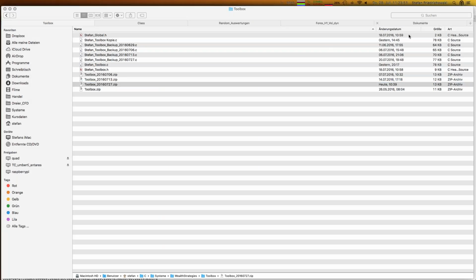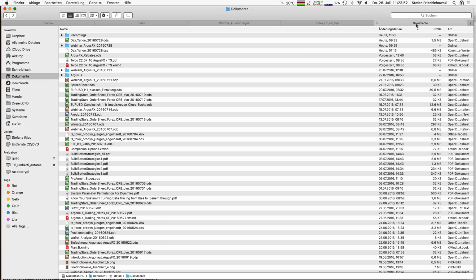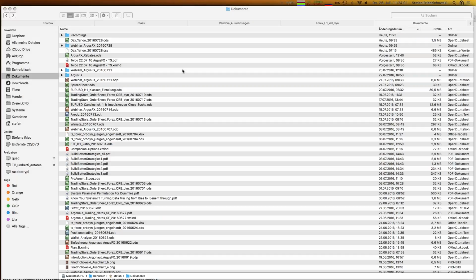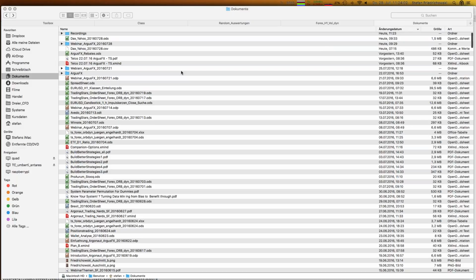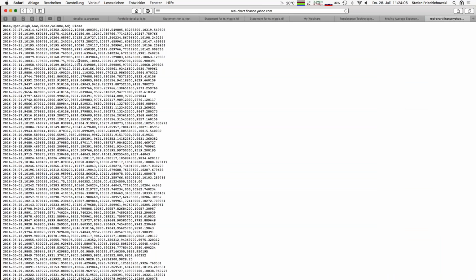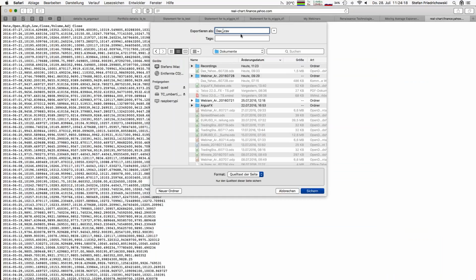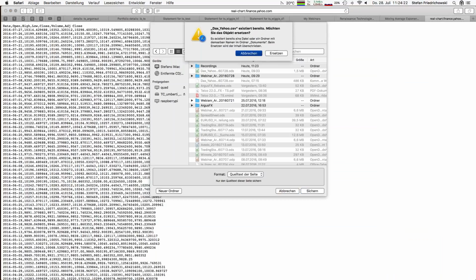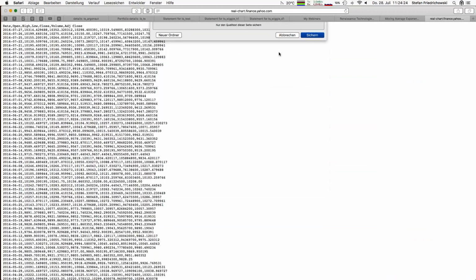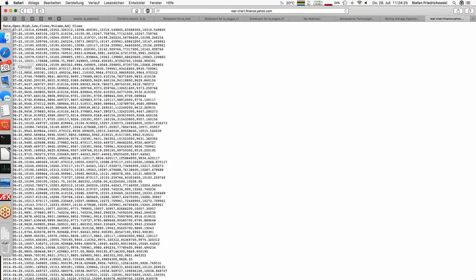I have done the exercise already once, so maybe something went wrong with the storage. Let's do the step once again. Save, in the folder recordings, and I want to call it DAX Yahoo. It should be there already, and now we have it once again.